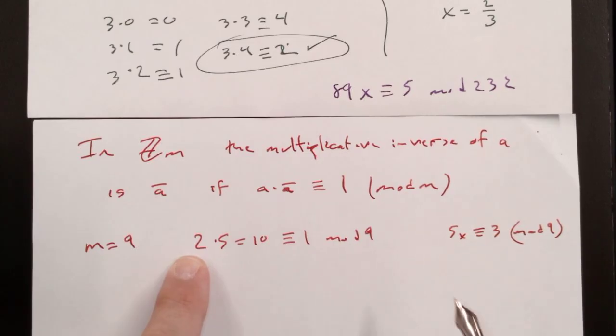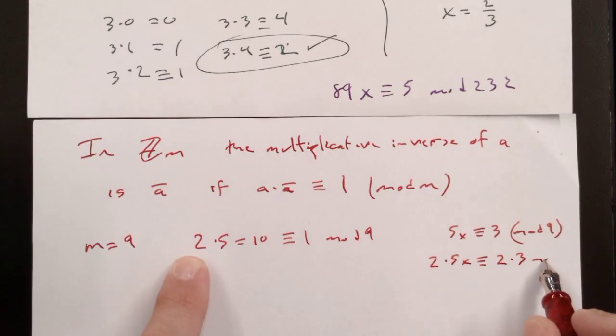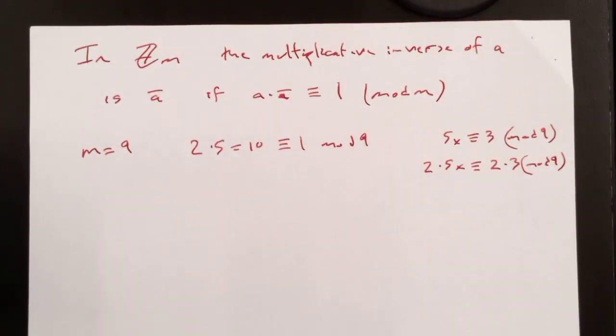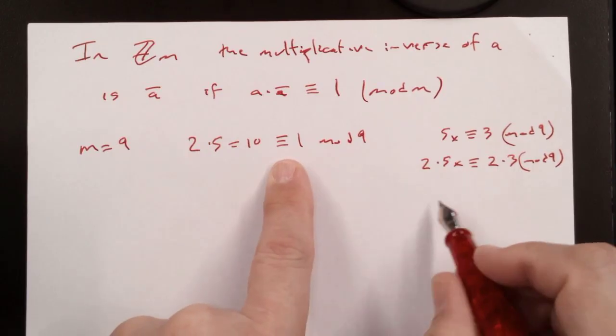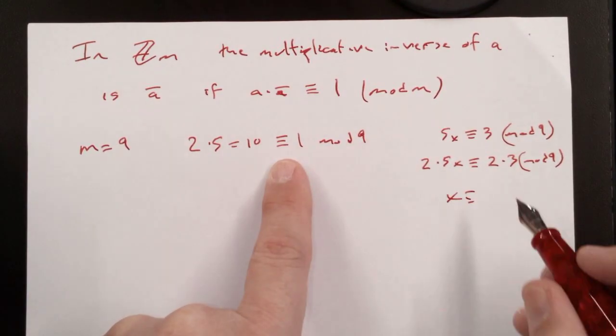If I multiply both sides by 2, what happens on the left? Except I'm working mod 9, right? And in mod 9, 10 is 1. So over here, I just get x. What do I get over here?